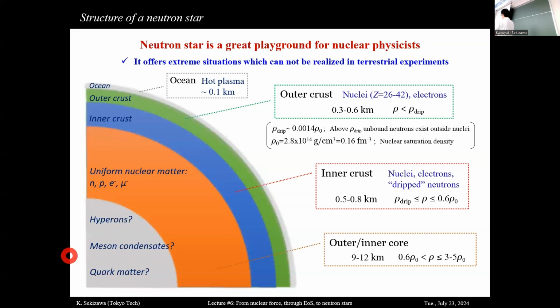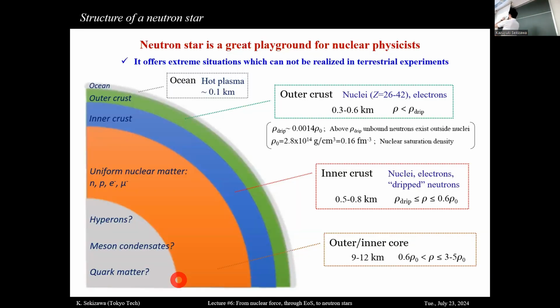And this region, which is not well known actually, is called the inner crust, inner core, sorry. So there is the crust region, which is like a solid, and the core region, which is like a nuclear gas or nuclear liquid. Okay.